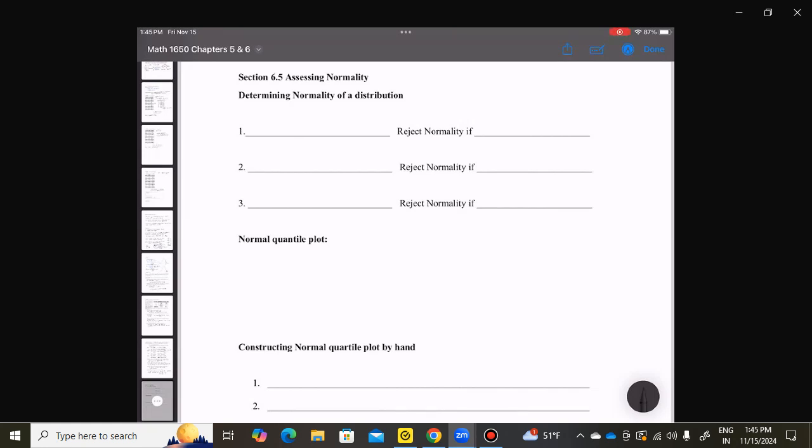So there's three main steps with looking at this, each with their own level of whether or not we reject normality. There's other methods as well. We can get into higher statistics, but this is basically the baseline of what we look at.